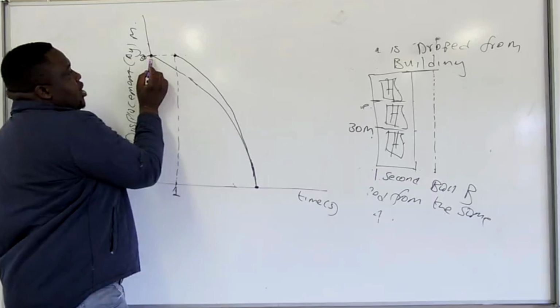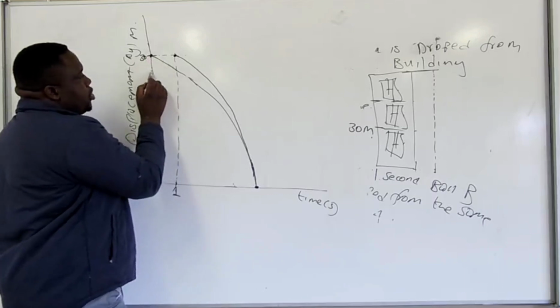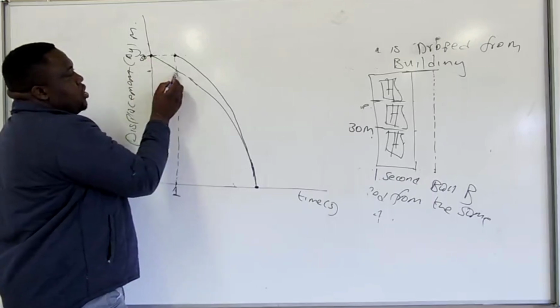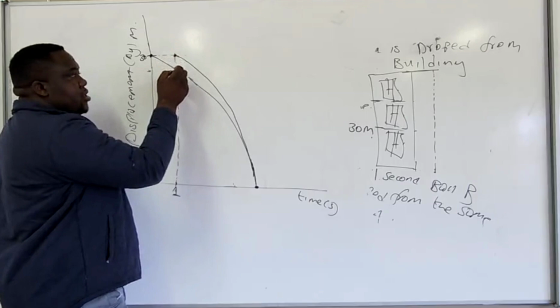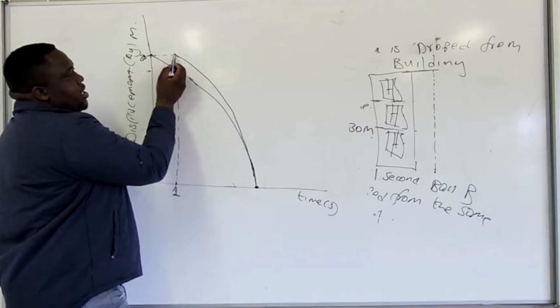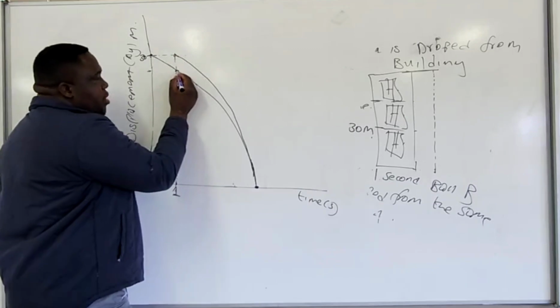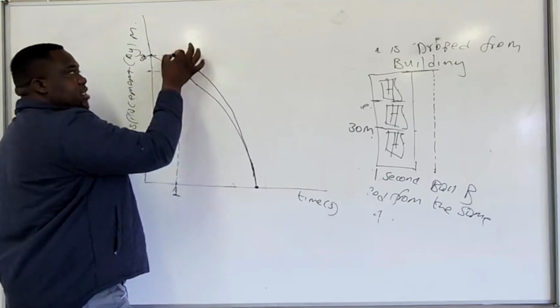You can see the ball was already moving. When it was at this position that I do not know, then the second ball was dropped. So it must start at 30. It must not start here because this point is not 30. It must start somewhere here.